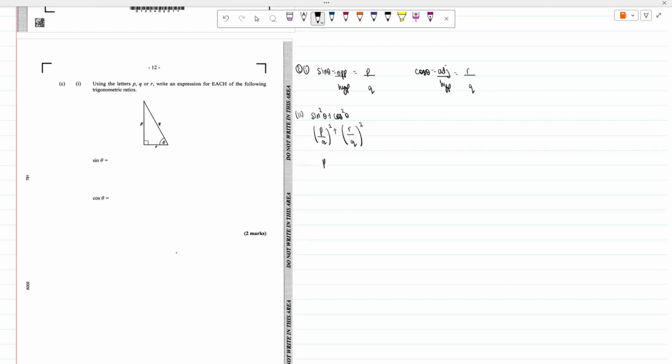This is going to be P squared over Q squared plus R squared over Q squared, which is P squared plus R squared over Q squared. And if I don't know anything from maths, sine squared theta plus cos squared theta is 1.